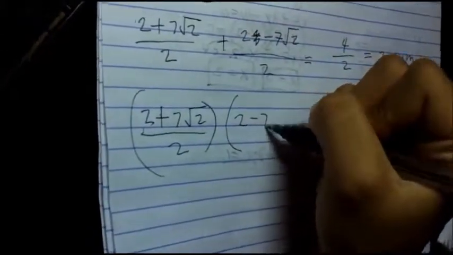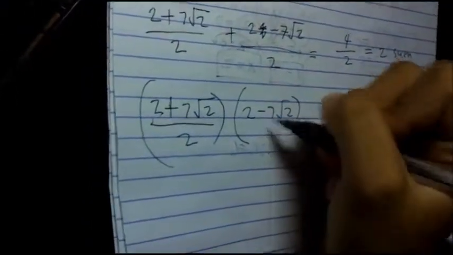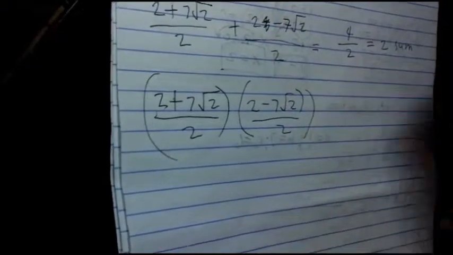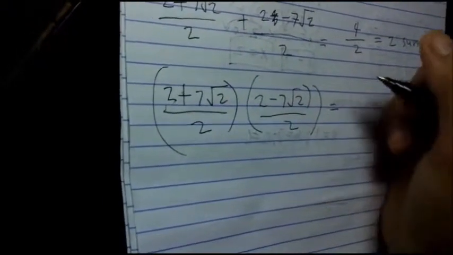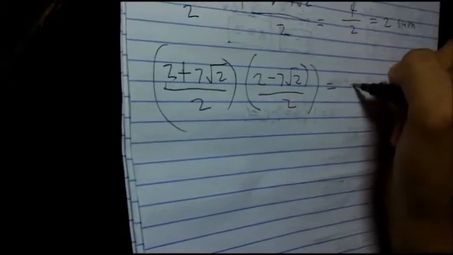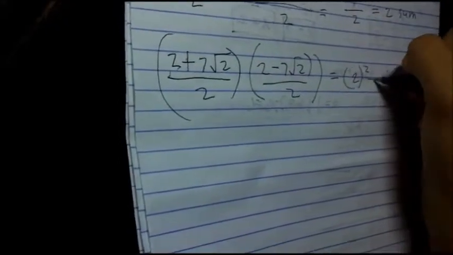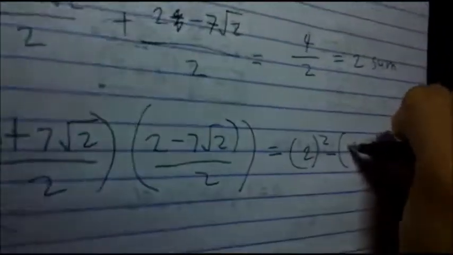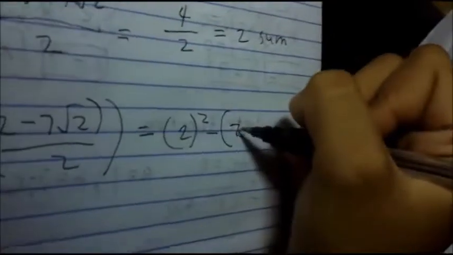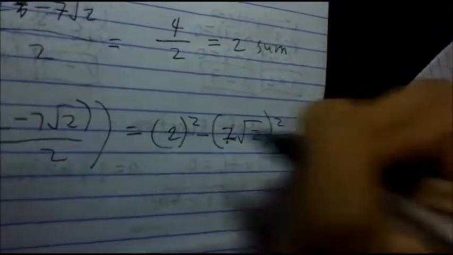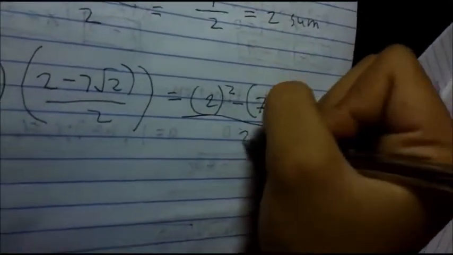2 plus 7 square root of 2 over 2 times 2 minus 7 square root of 2 over 2. So 2 squared minus 7 square root of 2 squared over 2.